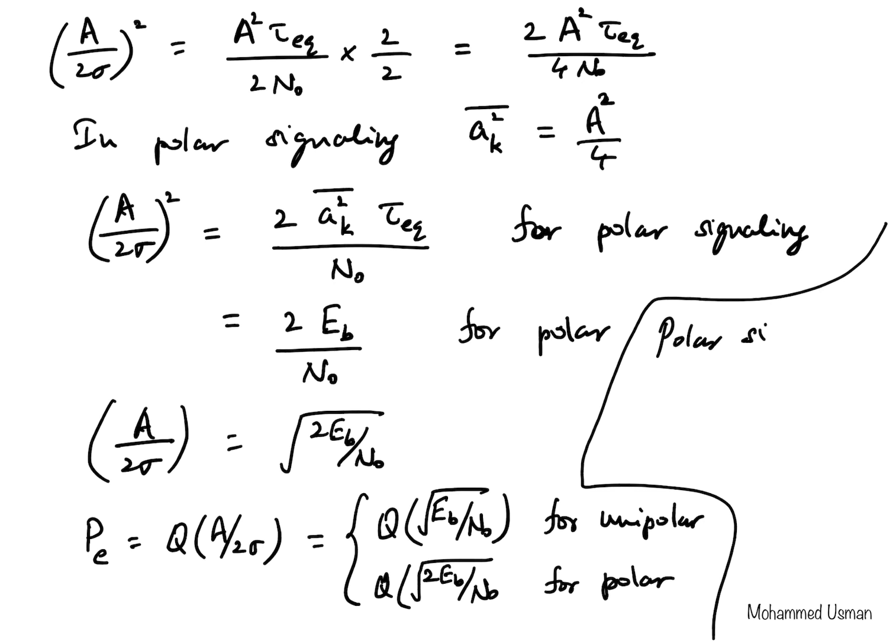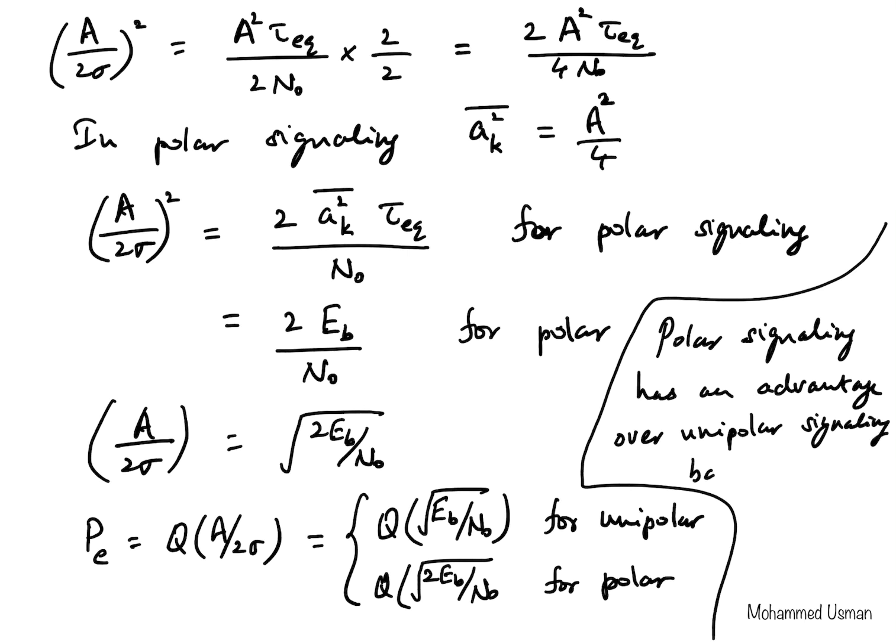So I'm just going to write that statement here. So polar signaling has an advantage over unipolar signaling by a factor of square root of 2.